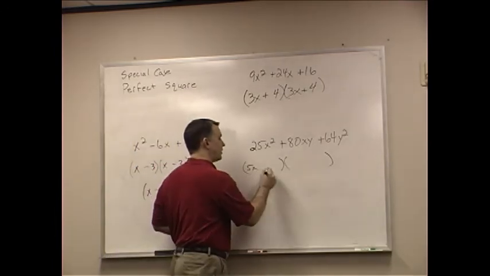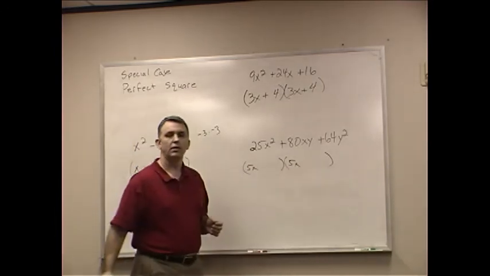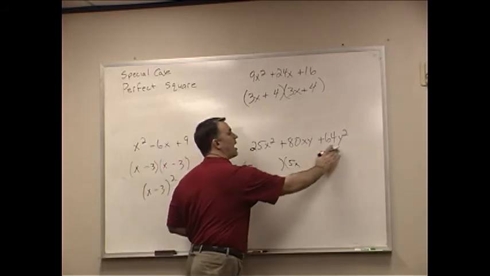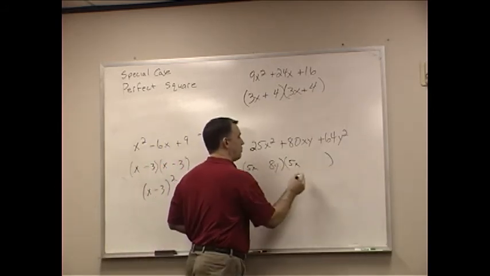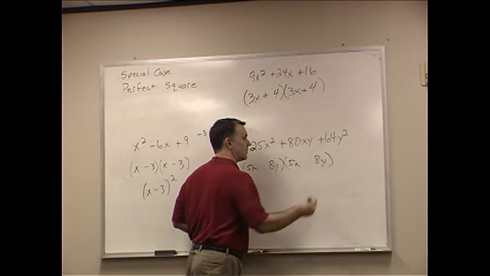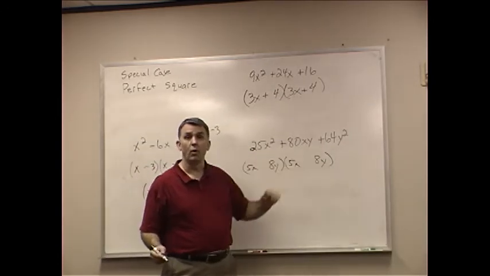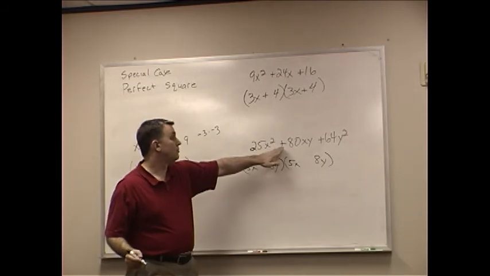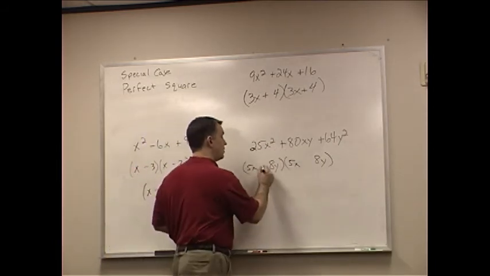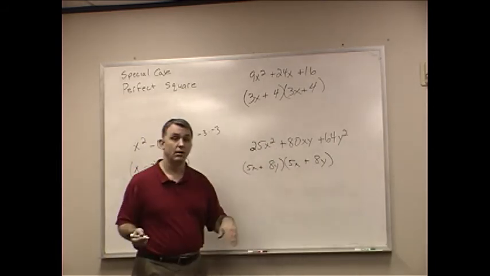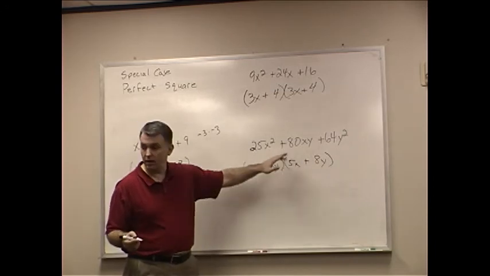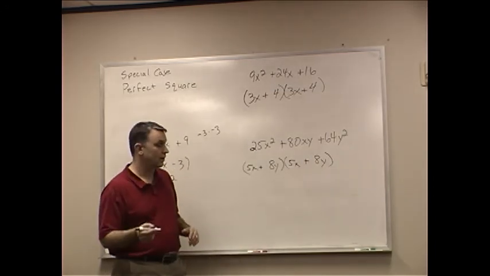It's 5x. You can take the square root of 64y to the second. It's 8y. Okay? Now again, these are both positive, aren't they? If the middle term is positive, we write a plus in there. If that middle term is negative, we end up writing a minus.